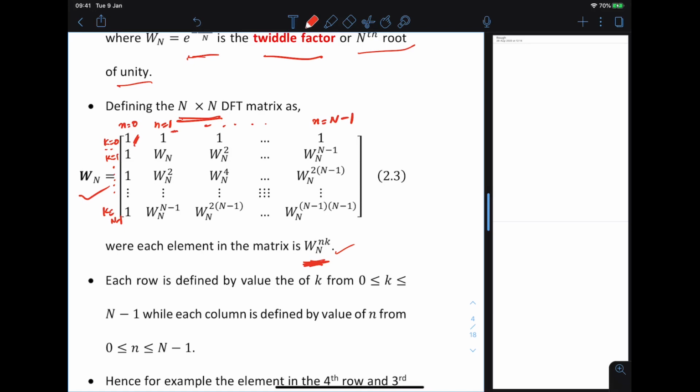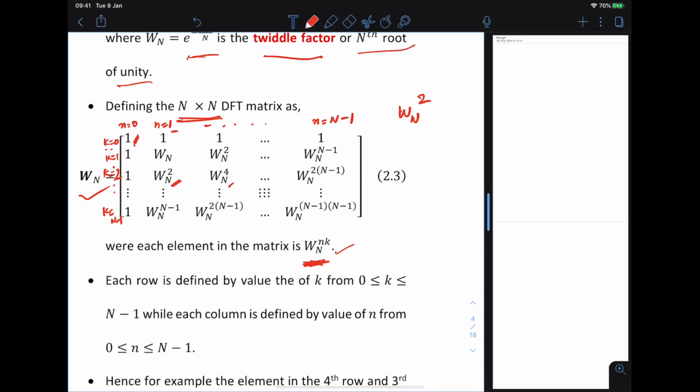Now let us go to the third row, that is k equal to 2. That is third row I'm going. Let us see how we are getting that value. The first element will be equal to Wn raised to nk, so that is 1, because n equal to 0. The second one, Wn raised to nk, n equal to 1, k equal to 2. So that is how you get Wn square.